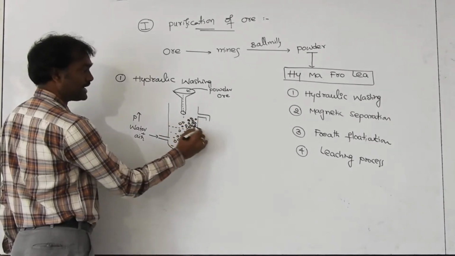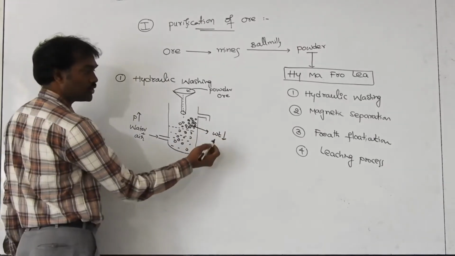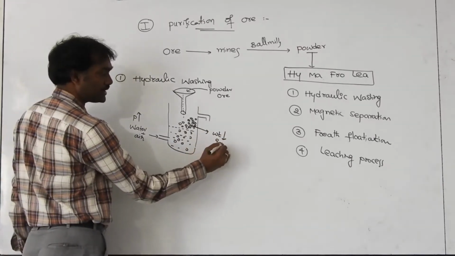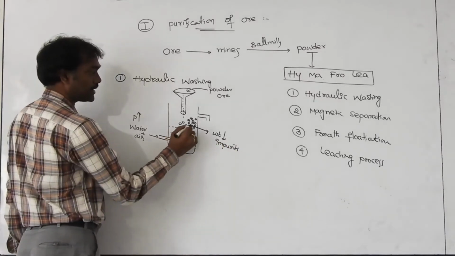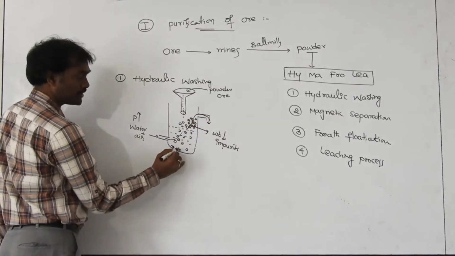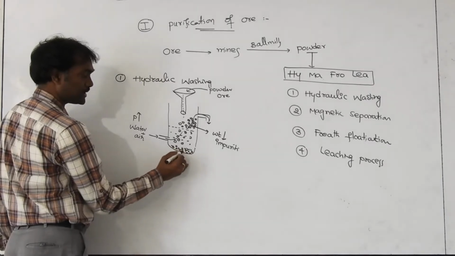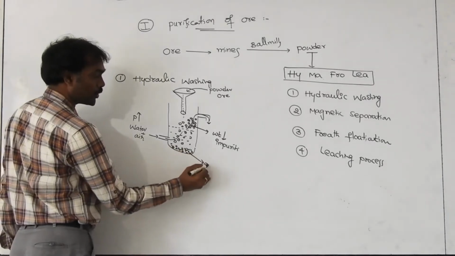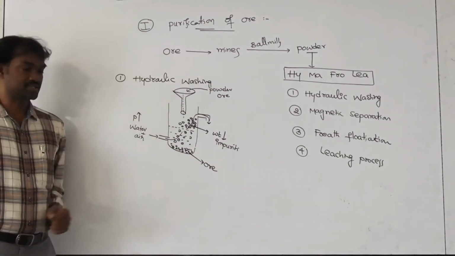All the lightweight impurities, which have low weight, continuously come up and move outside. After some time, the bottom is completely covered with ore. This process you call hydraulic washing.